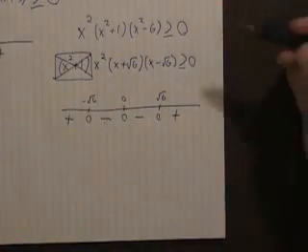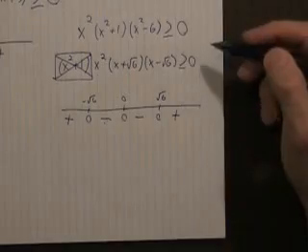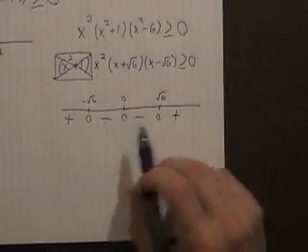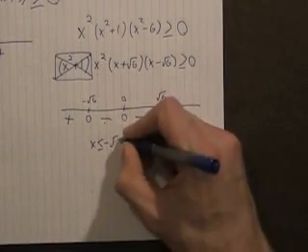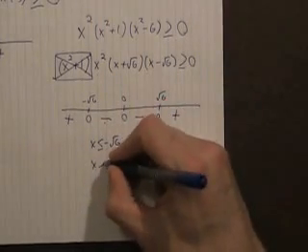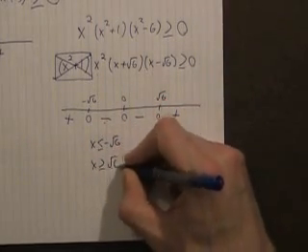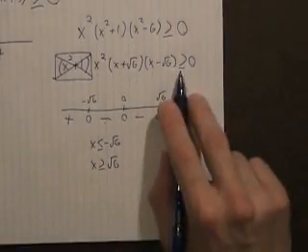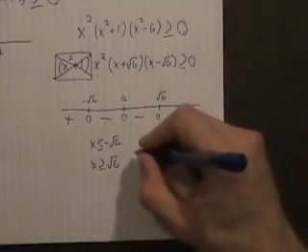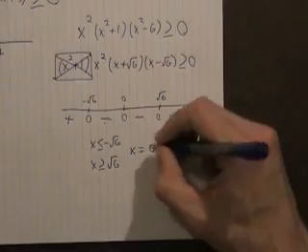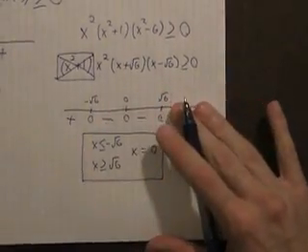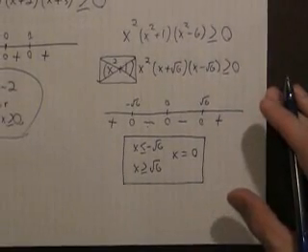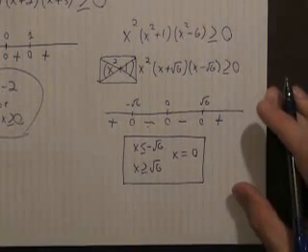So if I wanted to know where it is greater than or equal to 0, just look at the sign chart, and you say x is less than or equal to negative radical 6. X is greater than or equal to positive radical 6, and since it's or equal to 0, don't forget about x equals 0.